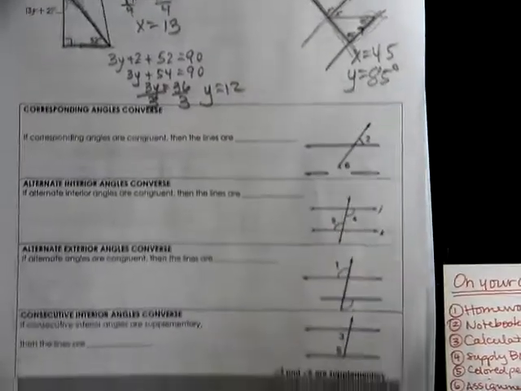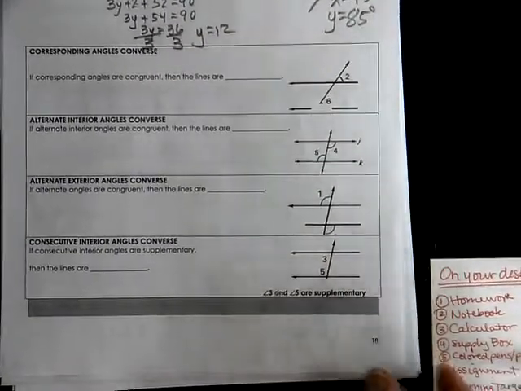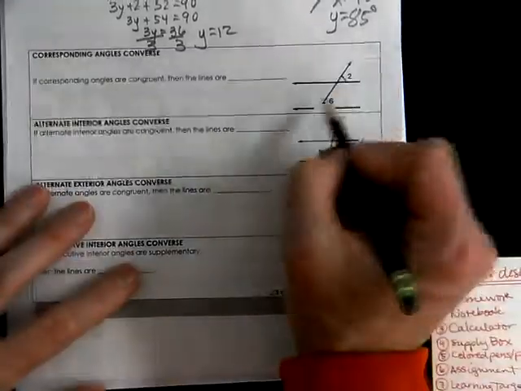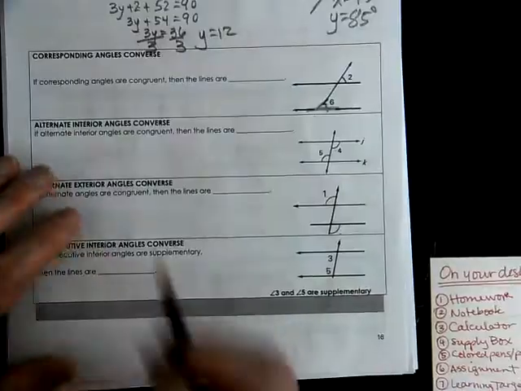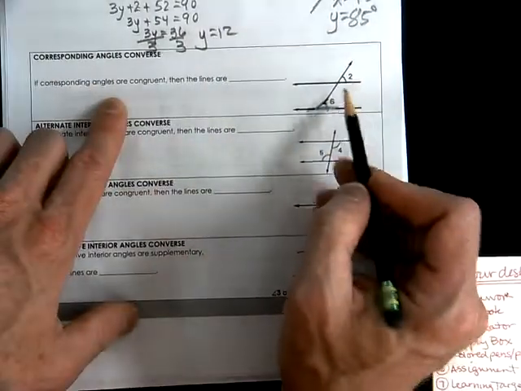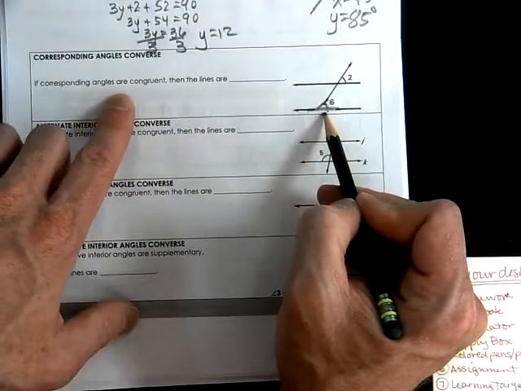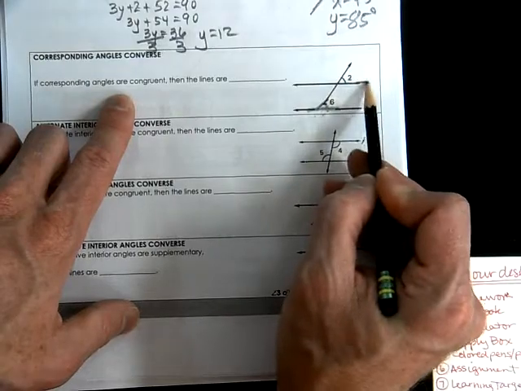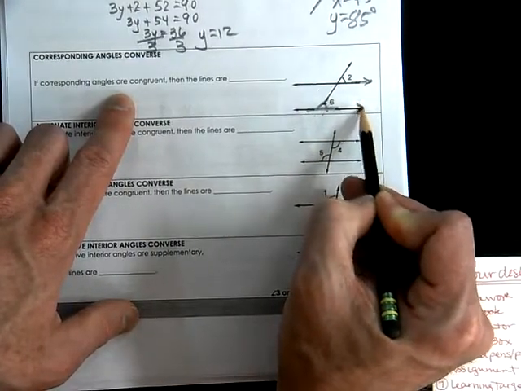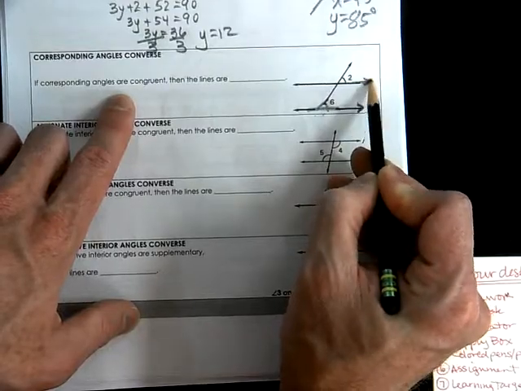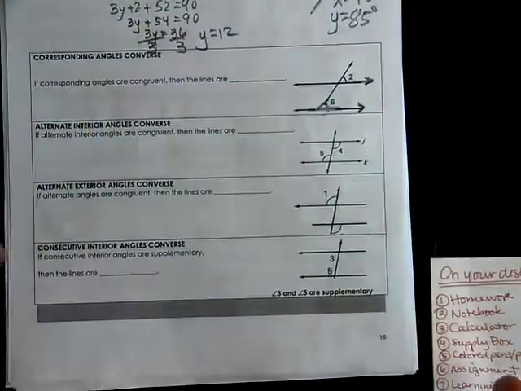Then to finish up, here are your new theorems that are proving lines are parallel. If corresponding angles are congruent, what's going to happen to the lines? What must be true about the lines? The two lines have to be something.